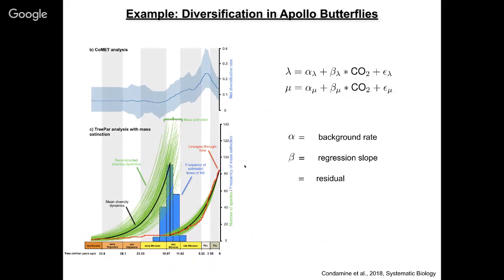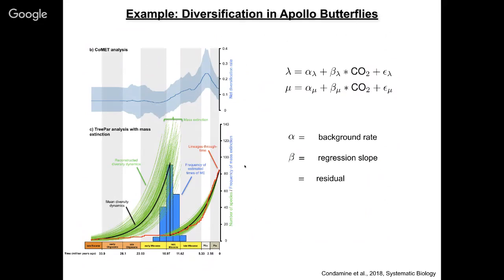In this little equation that I'm showing here, that could be, for example, CO2, but that could also be environmental temperature or anything else that changes through time. Plus, there's a little epsilon, the term that allows the speciation rate to also change independently of my predictor variable, for example, independently of the CO2.